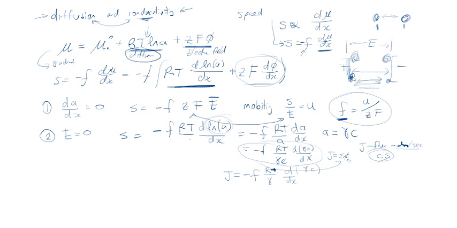Ideally you'd expect that the activity coefficient doesn't change, and so we can take that outside of this derivative, and then you have the activity coefficients cancelling, and so you end up with negative F RT times the change in the concentration with distance.